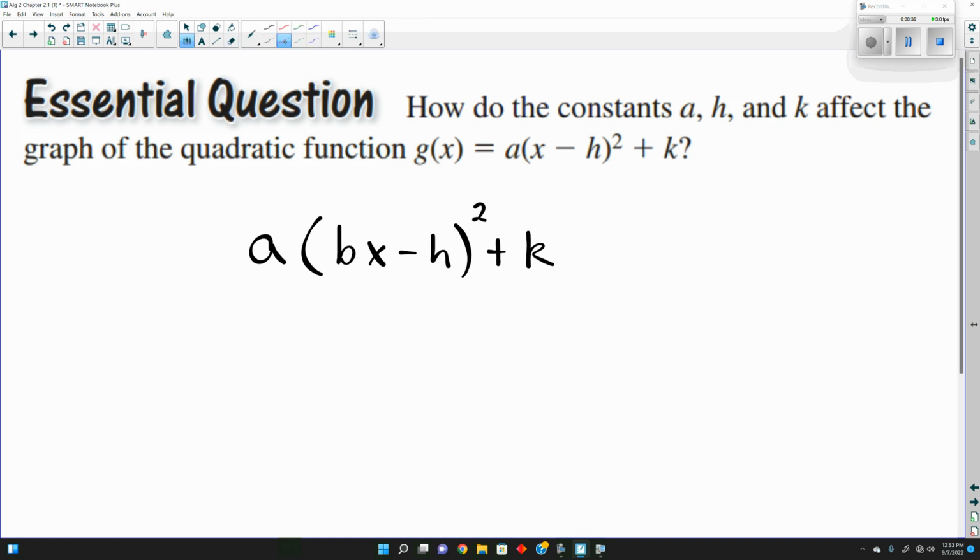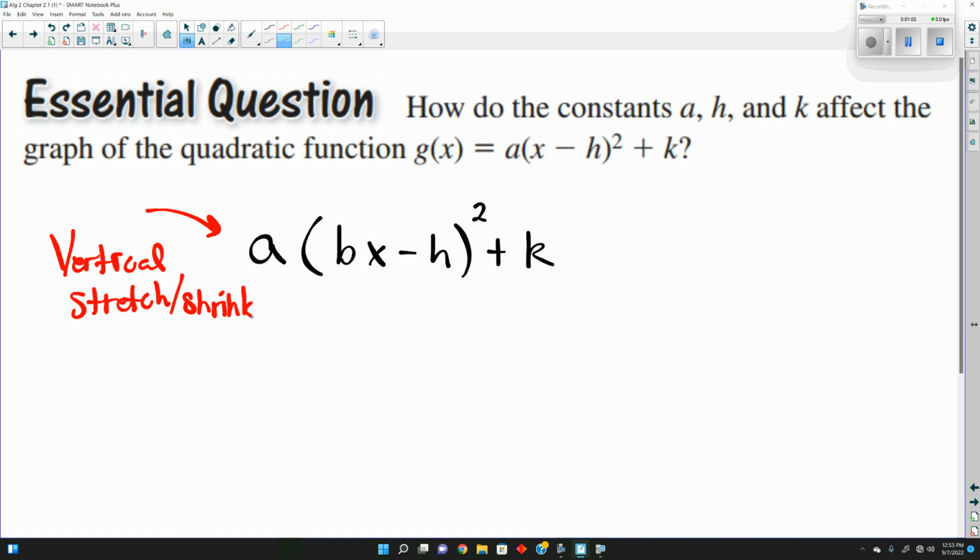Now, A in front is really talking about our vertical stretch or shrink. But if that value is negative, it's not a vertical stretch or shrink.